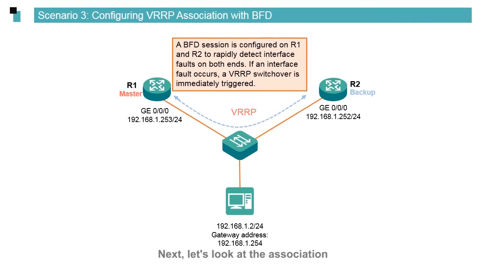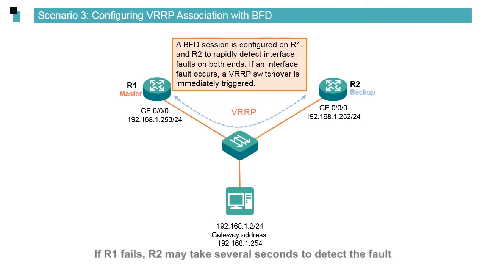Next, let's look at the association between VRRP and bidirectional forwarding detection, BFD. As we previously mentioned, R2 can change to the master state only when it does not receive VRRP advertisement packets from R1 within a specified time. VRRP advertisement packets are sent at an interval of 1 second.